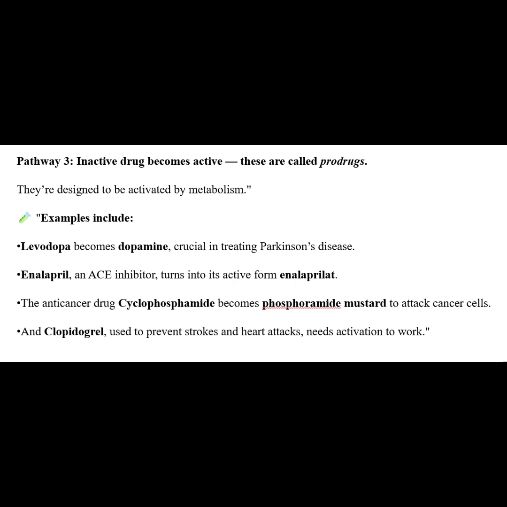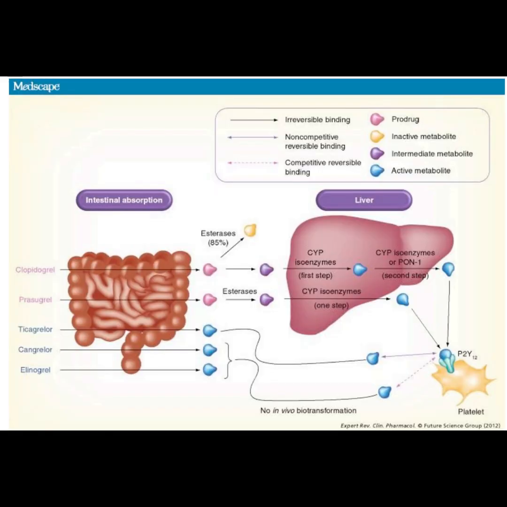Another example is anti-cancer drugs like cyclophosphamide, which becomes phosphoramide mustard to attack the cancer cells. And the final example, clopidogrel, used to prevent strokes and heart attacks, needs activation to work.